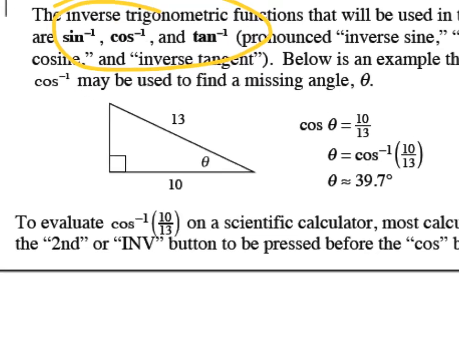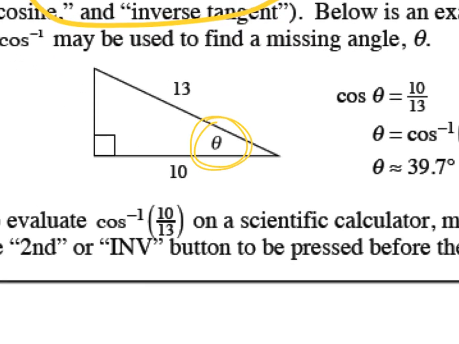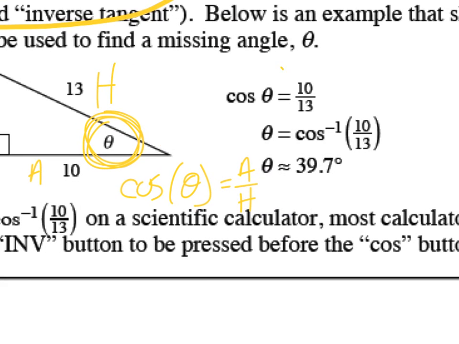So for example, in this problem down below, if you're trying to find the measure of this angle theta, I am given the adjacent leg and the hypotenuse, and I know that the cosine of a certain angle is the ratio of the adjacent leg to the hypotenuse. So that's how we came up with this ratio right here, 10 over 13. And in order to get theta by itself, we take the inverse cosine of both sides.